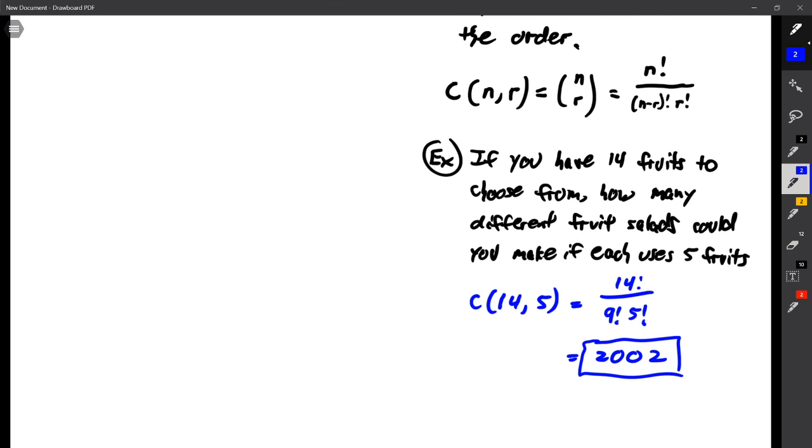Now, I will say this about this chapter in general. A little bit with this lesson, but more so in some of the lessons later on. The challenge is not the math in and of itself. The challenge is figuring out or deciding which flavor of the math to use.